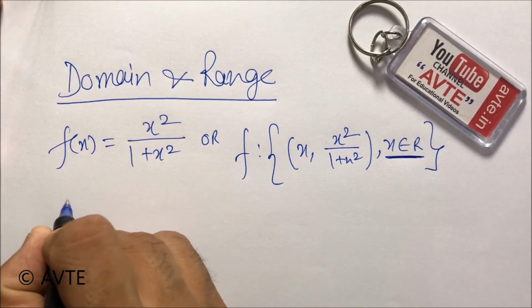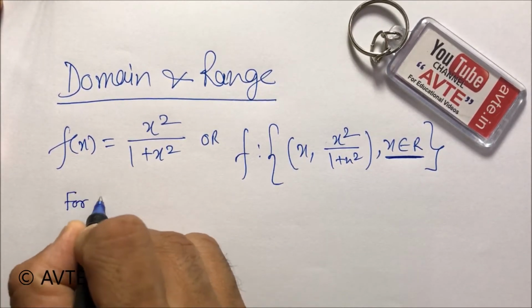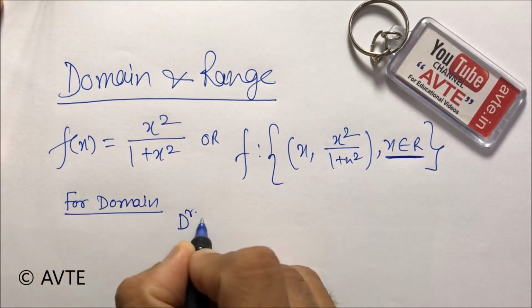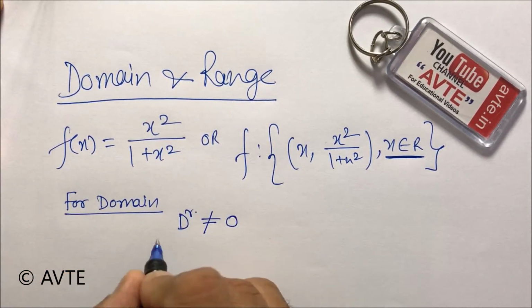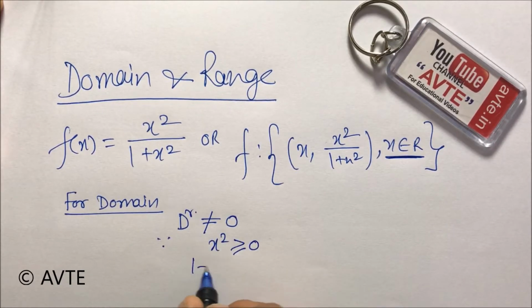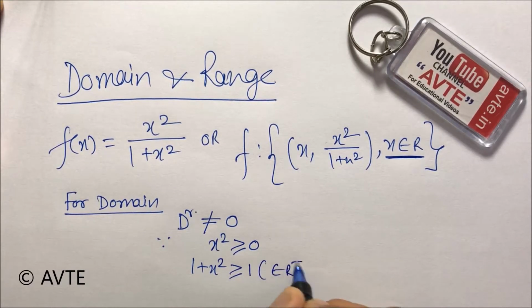So for domain you write that denominator should not be equal to 0, and because x square is greater than equal to 0 and we are adding 1 on both the sides, so this is clearly a positive quantity not equal to 0, and it will start from 1.